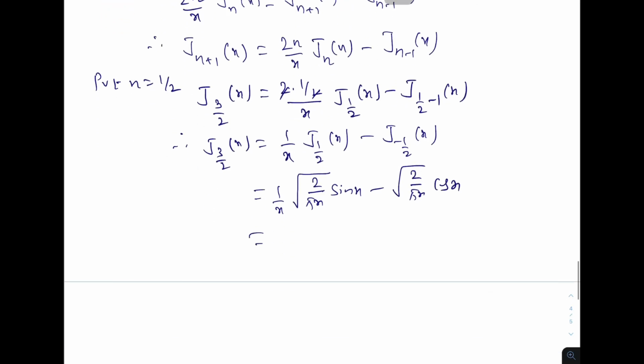And so this is equal to root 2 over pi x, this is sin x by x minus cosine x, and that is the value of j 3 by 2 x. Thank you.